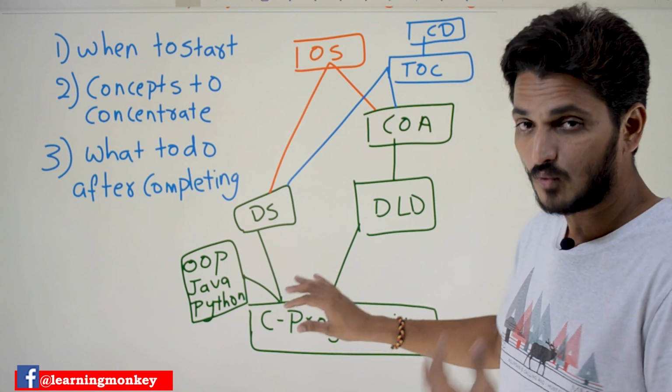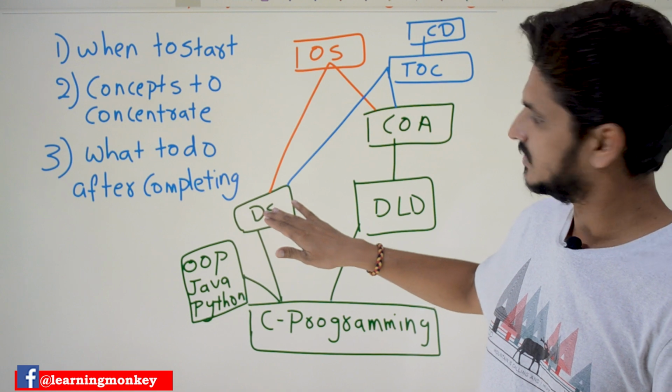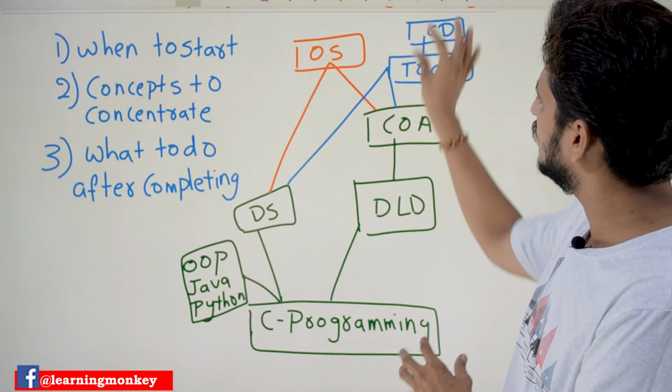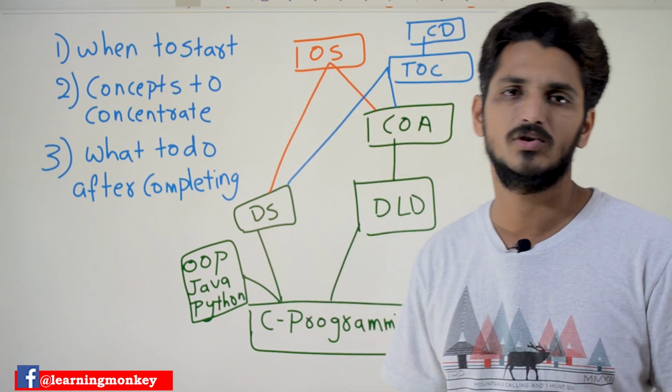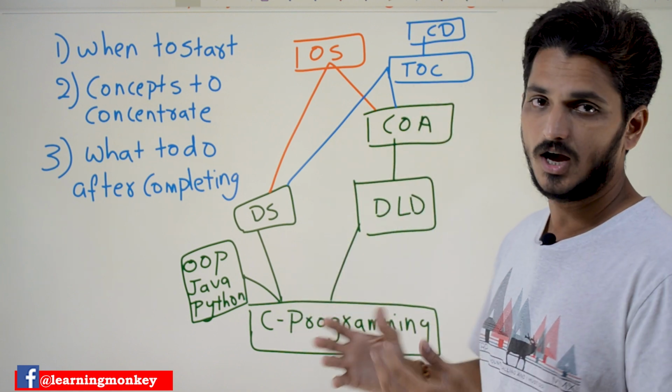After that, if you want to improve his coding knowledge, he has to move on to data structures. After that, for the hardware part, DLD, COA, TOC, CD, OS, these parts we already discussed in our previous videos, so we are not going to discuss them again.